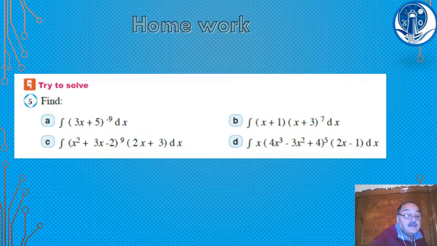Here is 3x plus 5 whole power negative 9 times x plus 1 times x plus 3 whole power 7 dx. This is a good one. What can we do? We can't make that one the derivative of that one. Yes, try to change this one to that one.